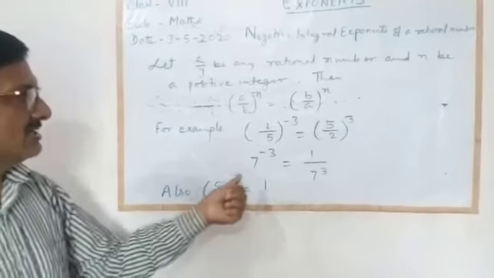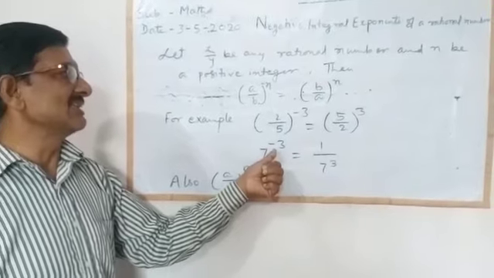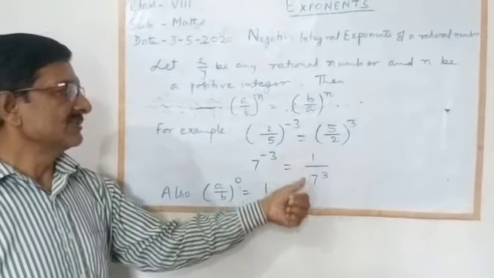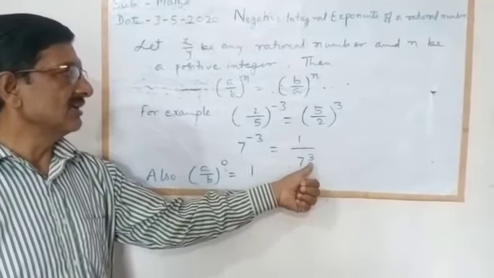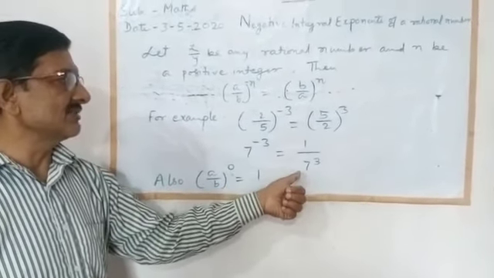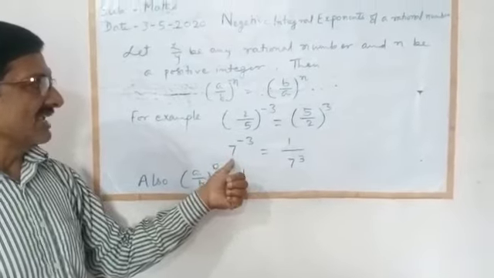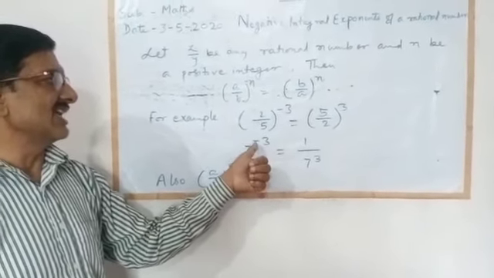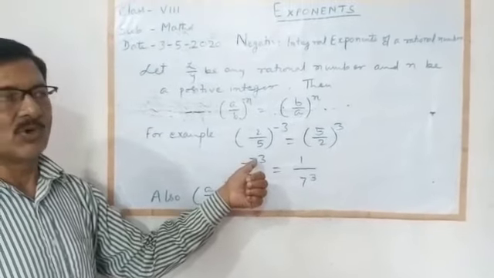For example, 7 to the power minus 3 will give you 1 by 7 to the power 3. So here we have just made its reciprocal, and in this way we can change the sign of its exponent.